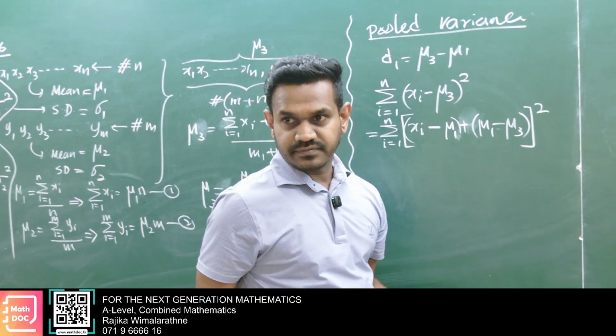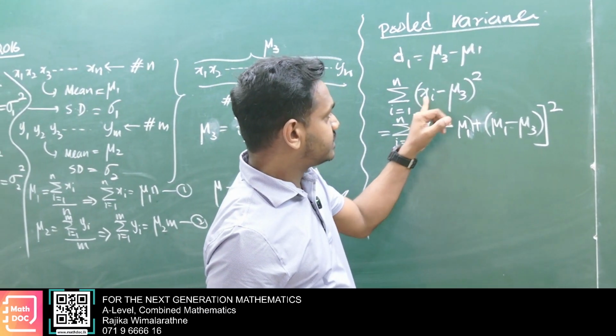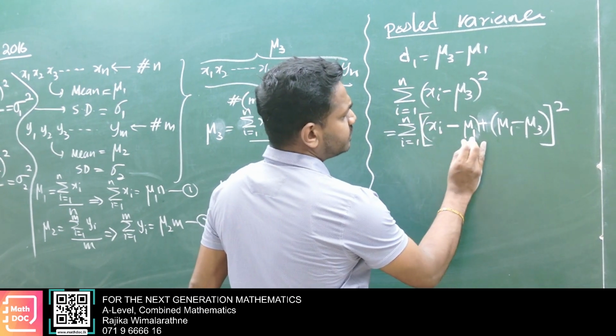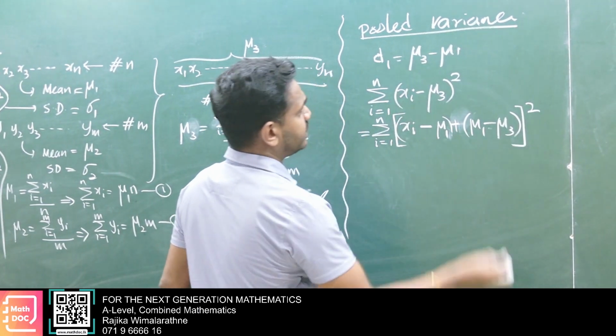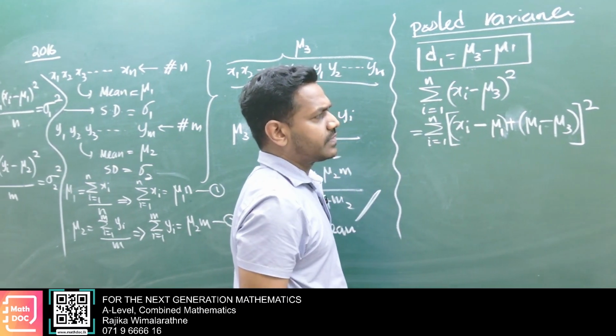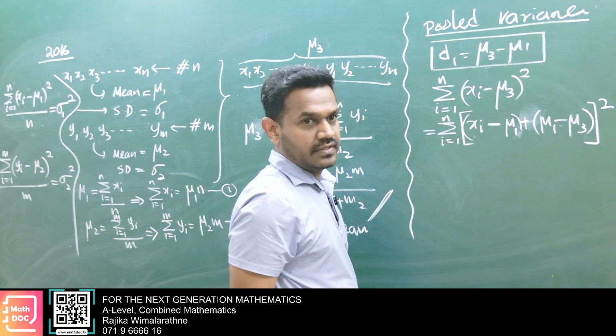Here for xi minus mu3, you write xi minus mu1 plus mu1 minus mu3. Again, we are given the mu3 minus mu1 value.